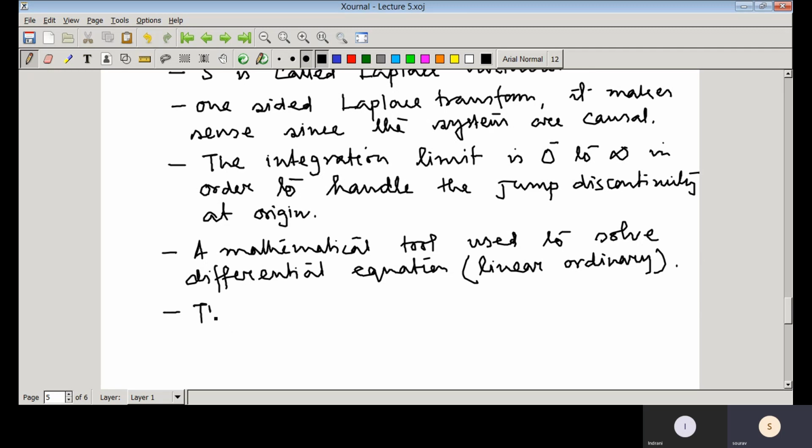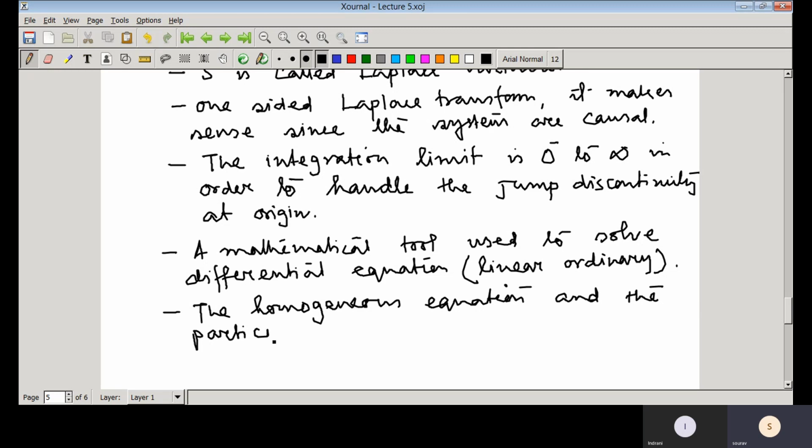The homogeneous equation solution and the particular integral of the solution are obtained in one operation, as you all know.